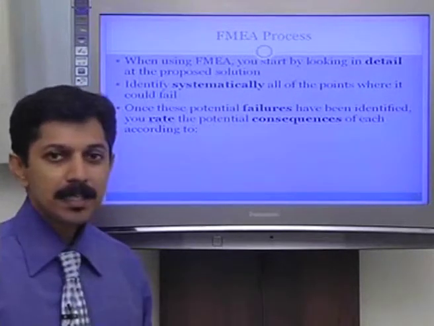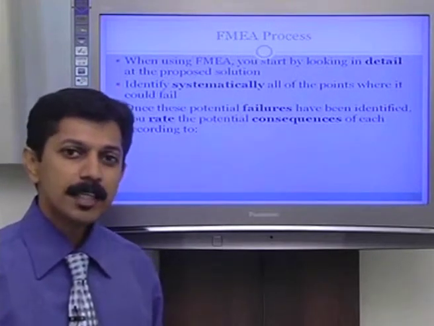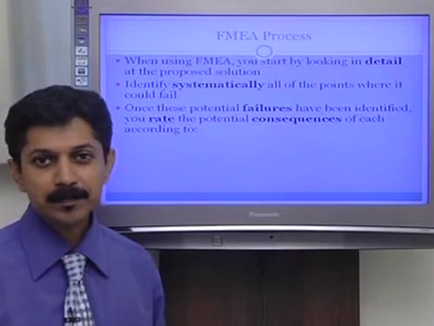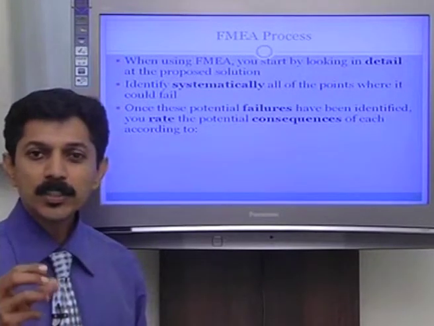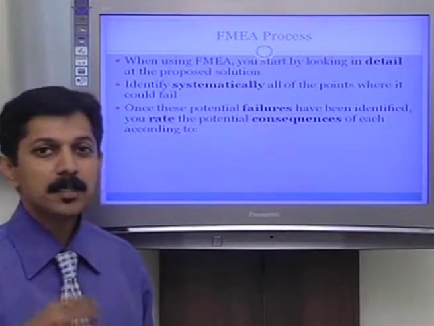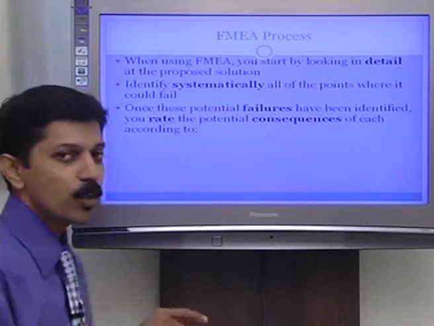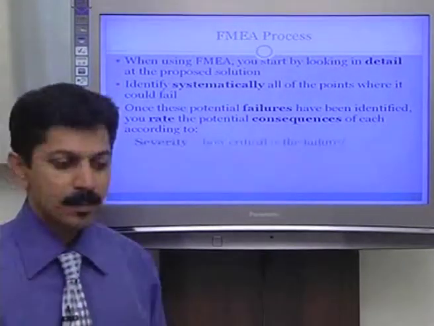Because obviously if you are looking at the potential failure, a fallout of it is that there will be consequences. And this is how you look at things in detail, not only at the potential failures but the potential consequences of that failure. And these will depend on certain factors.